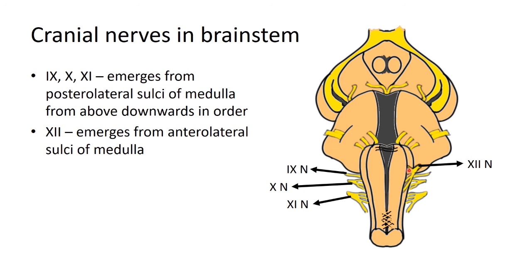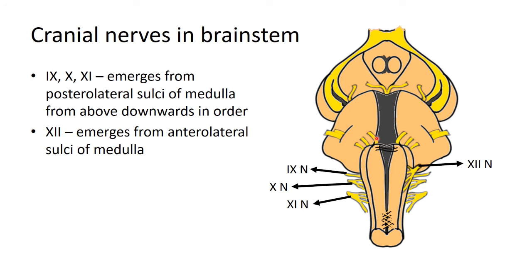So remember, the third nerve or the oculomotor nerve emerges from the ventral aspect of midbrain, and the fourth nerve, the trochlear nerve, emerges from the dorsal aspect of midbrain. Remember, trochlear is the only nerve to emerge from the dorsal aspect. The fifth nerve emerges from the ventral aspect of pons, right at the junction between pons and middle cerebellar peduncle.